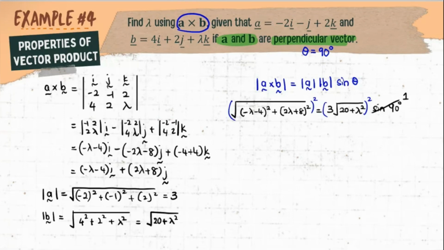So saya ada lambda squared plus 8 lambda plus 16 plus 4 lambda squared plus 32 lambda plus 64 equals to 3 square is 9 multiplied by 20 plus lambda squared.